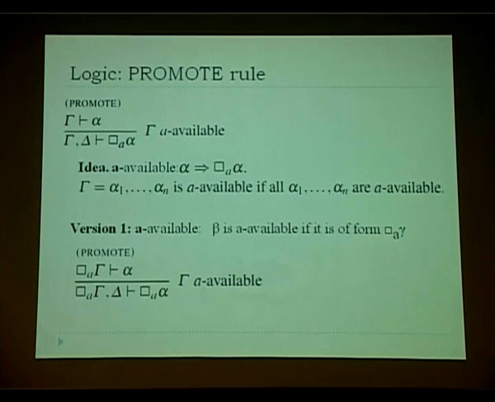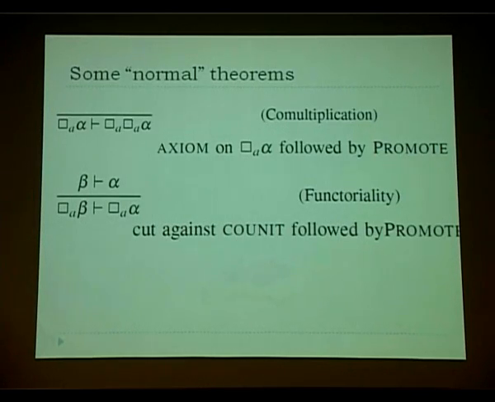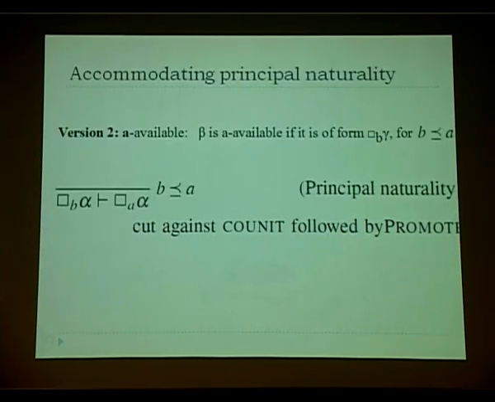Basically, if the context is completely boxed, I get to introduce a box on the right. Okay, that's our first cut. This is what we want to do. And if we just had that, then we have some normal-looking theorems. So, for example, we have co-multiplication on the right is derivable, functoriality is derivable. Okay, this looks very standard, right?